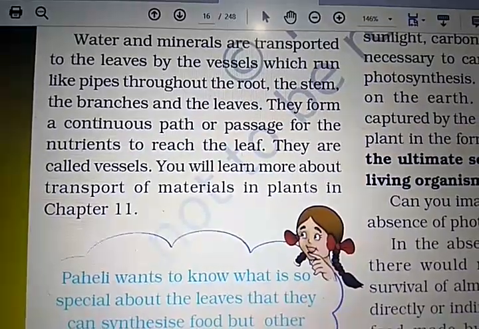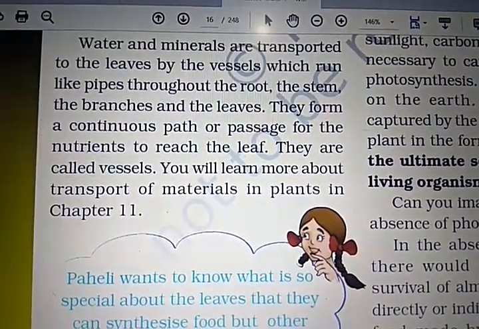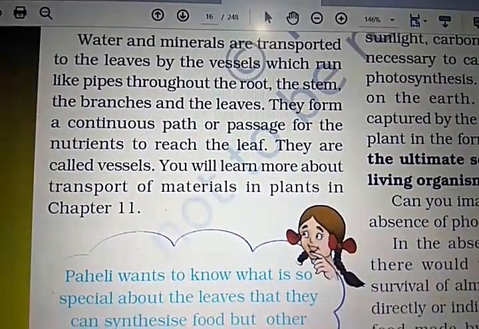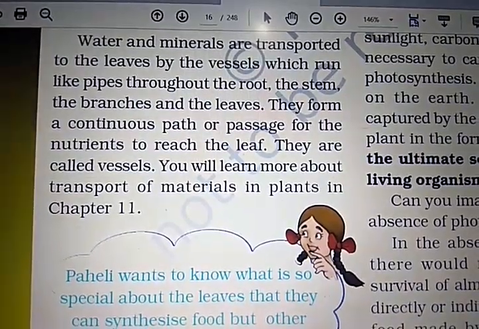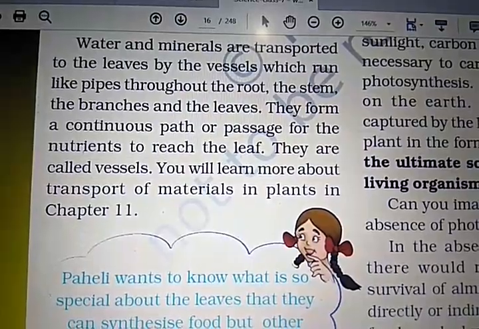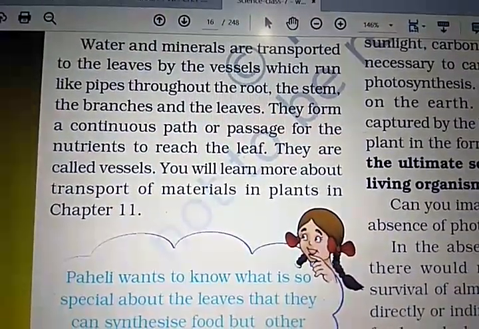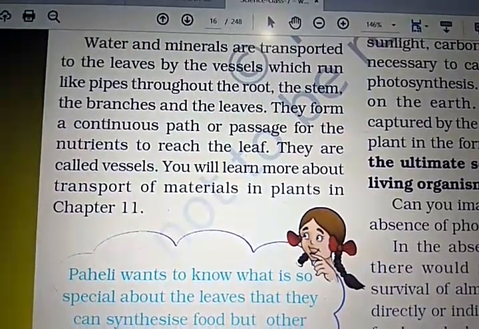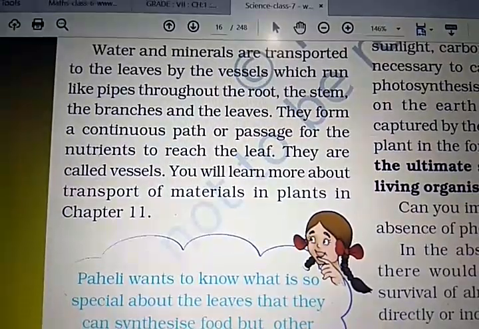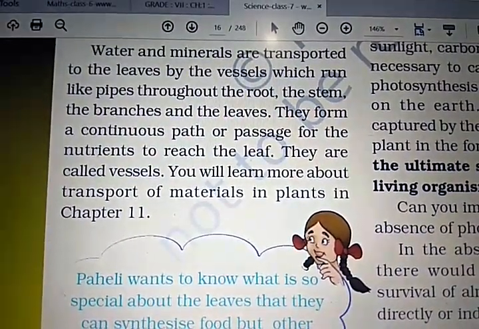In our body, blood vessels are there: artery, vein and capillary. Similarly, in plants you can find vessels, which are one type of pipe structure through which plants get food, minerals and water.